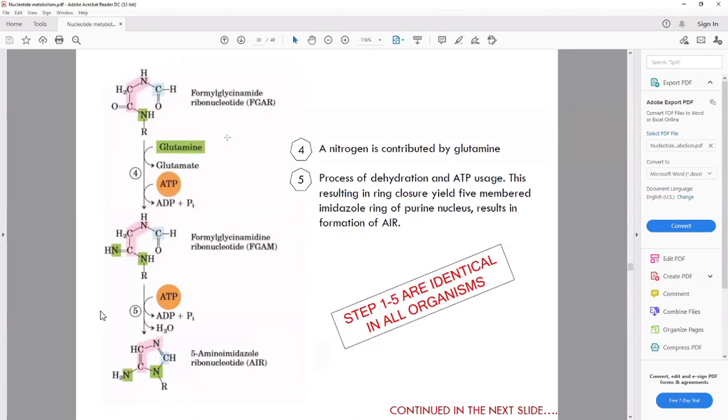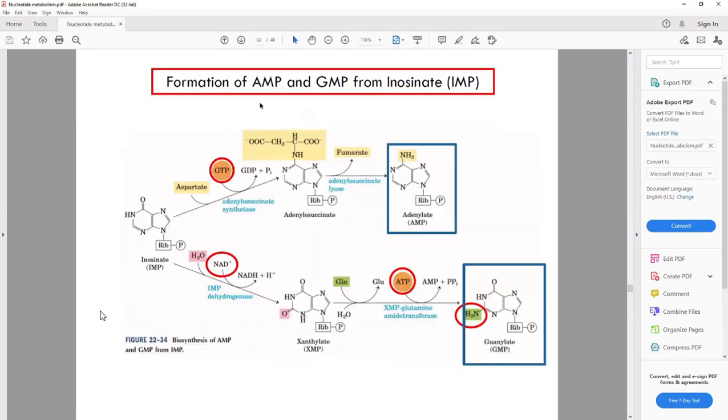Another one: we know that there are two enzymes regulated by AMP and GMP. Another one is adenylosuccinate synthetase.